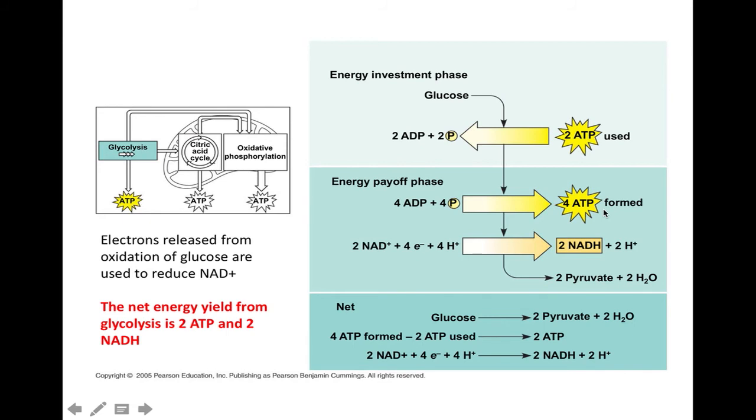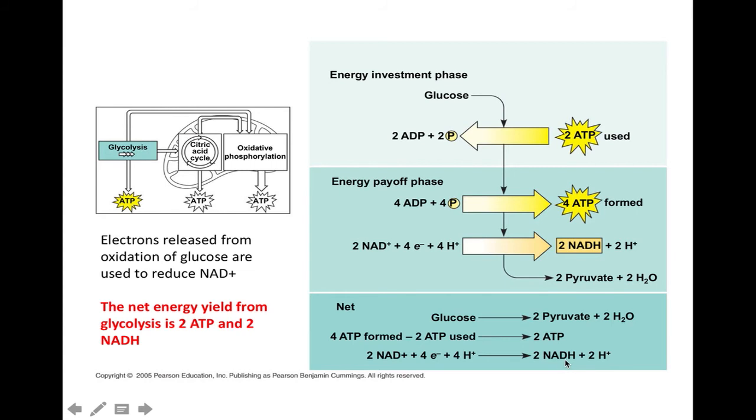If they ask you what is the total number of net ATP formed, if they use the word net, then you're going to say it is actually 2, because 2 have been used and 4 are formed, but finally what you get as net output is 2 ATP. Are there any other profits from glycolysis? Yes, the high energy electrons have been donated to NAD plus, which will be used for regenerating ATP during the last stage of cellular respiration.